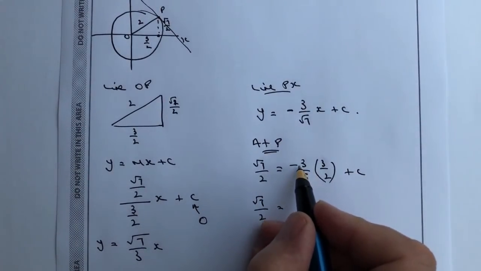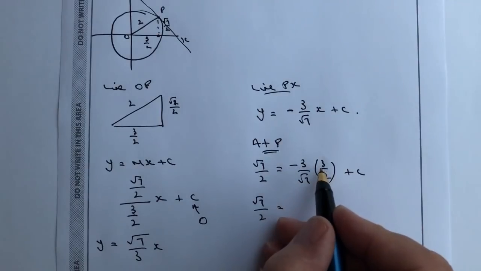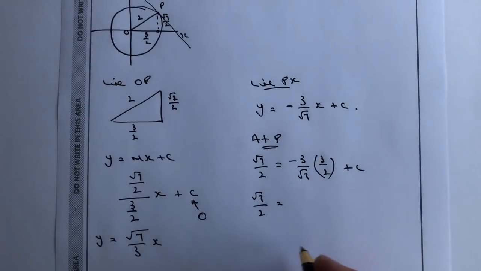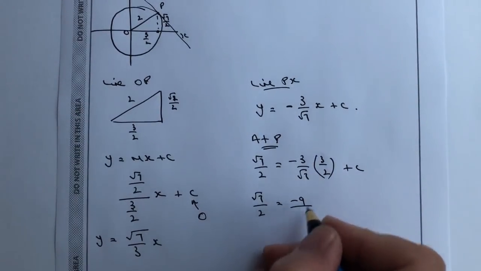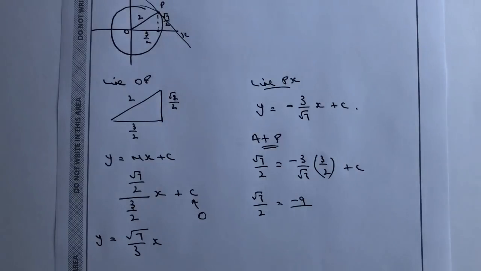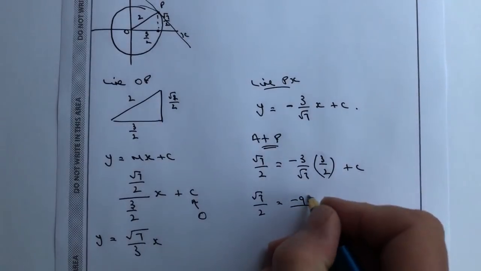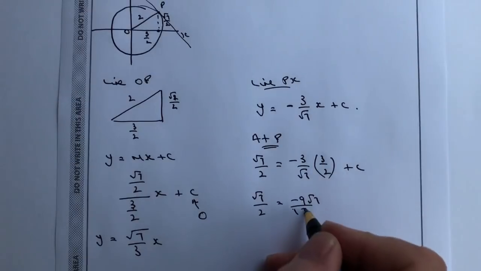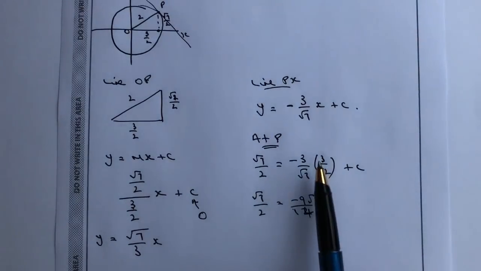equals, minus 3 times 3 is minus 9, and if I put that into a calculator, I'm going to get minus 9 root 7 over 14, beg your pardon, because that's what the calculator will work out for me.